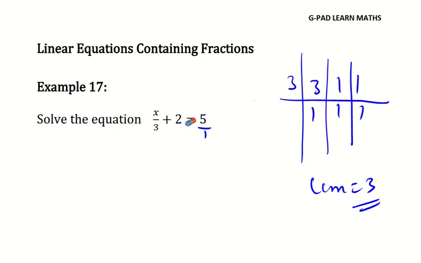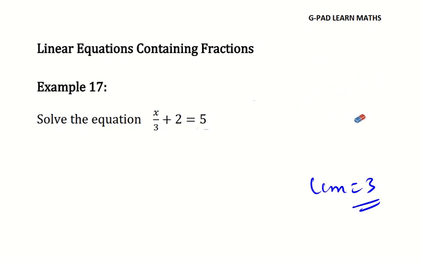If you only have one fraction with a denominator and the others don't really have one, it means the denominator they have is 1, like we said here. All you have to do is multiply every single term by that particular denominator, which in this case is 3.